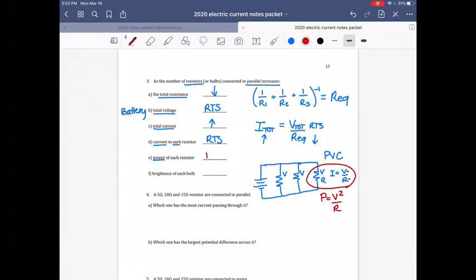So power actually also remains the same. Okay, and the last one, F, if we think about brightness, if you recall, brightness is proportional to the power supplied to the bulb. So along the same lines of thinking, if we have the same voltage, resistance, current, then our power is the same, therefore our brightness remains the same.